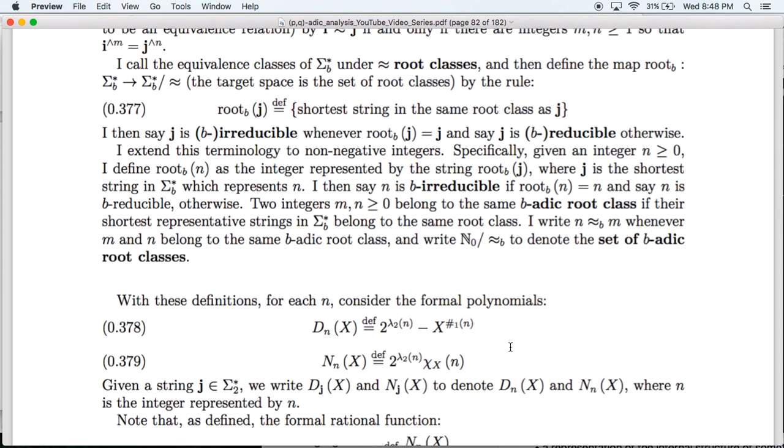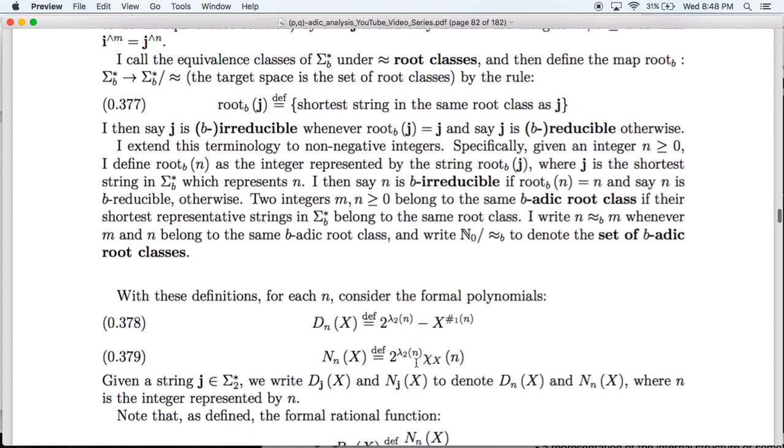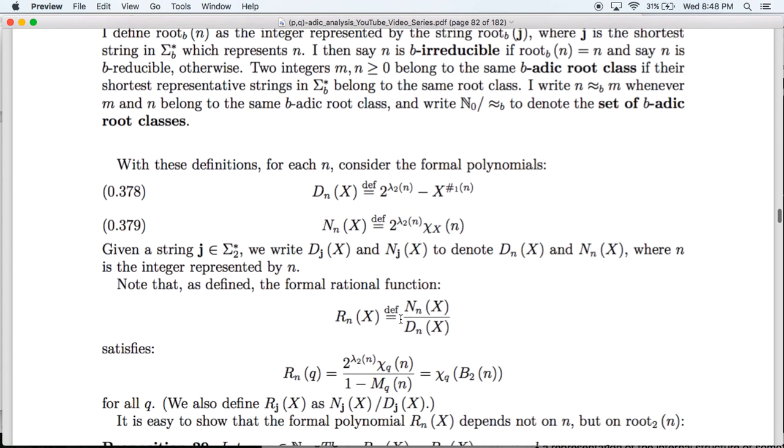With these definitions, for each n, let's consider the following formal polynomials. D n equals this, and big N, little n of x equals this. Oh, this is wrong. This should have a d n down here, so I might screw that up.